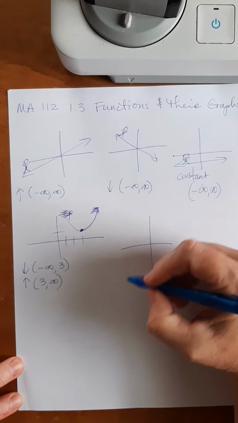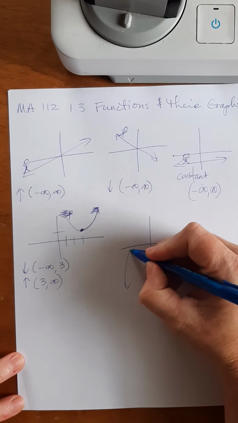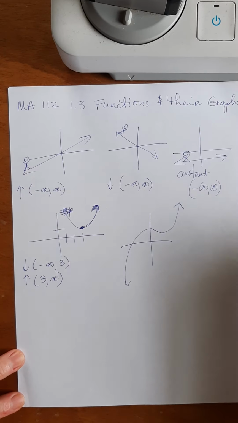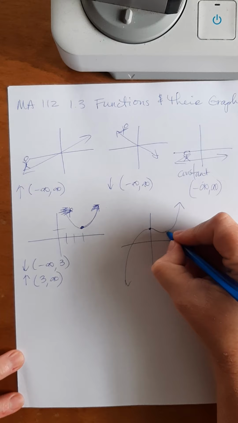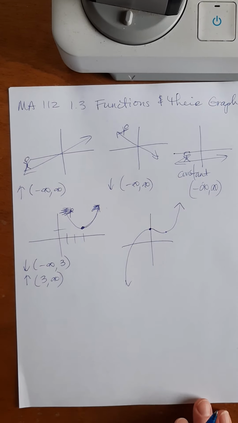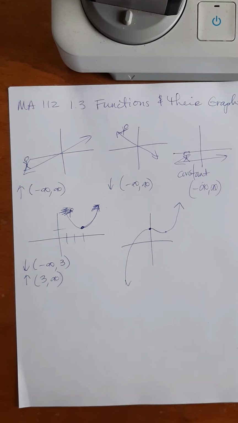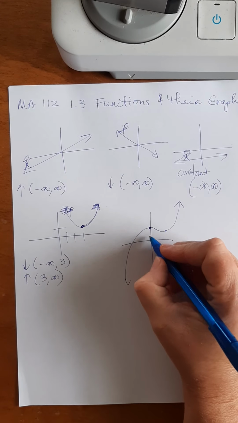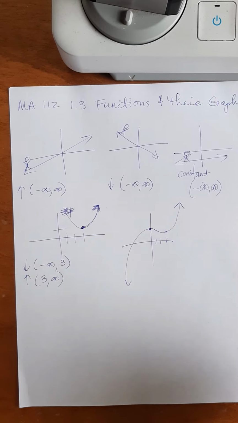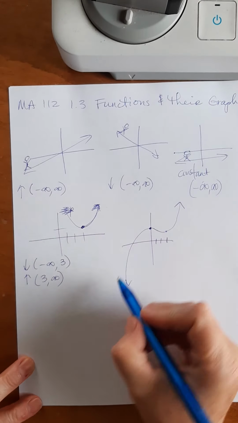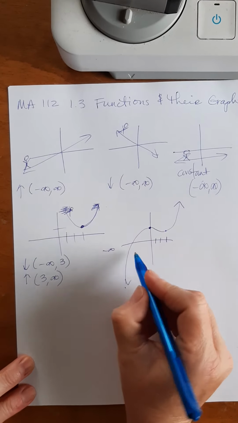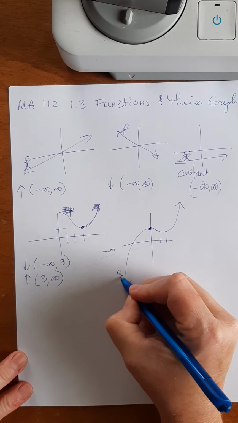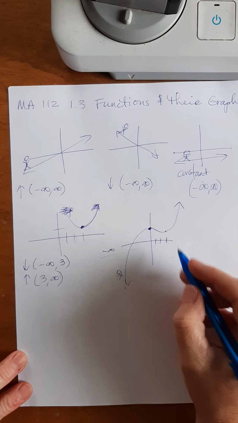Let's do a good old basic one like this one. I know I kind of drew it a little wonky, but notice how from here, all the way over till you get to 0, remember your man, increasing.